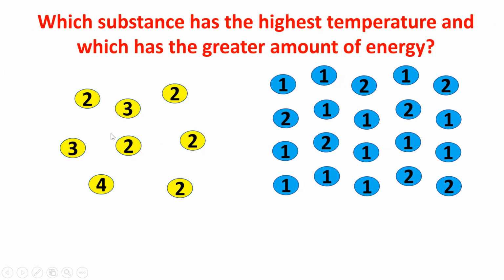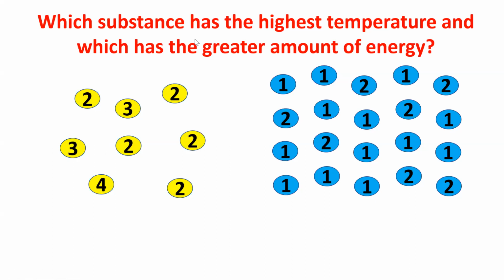Well, first of all, you might look at this substance here and ask, how many particles have I got? Now you've got 8 particles. What is the sum of the energy, the total energy for that substance?